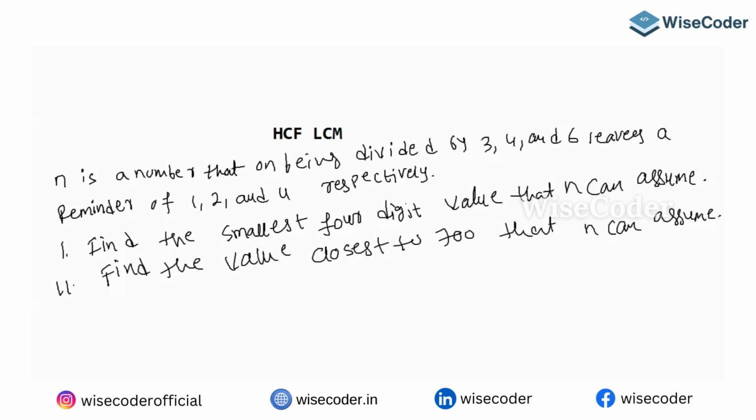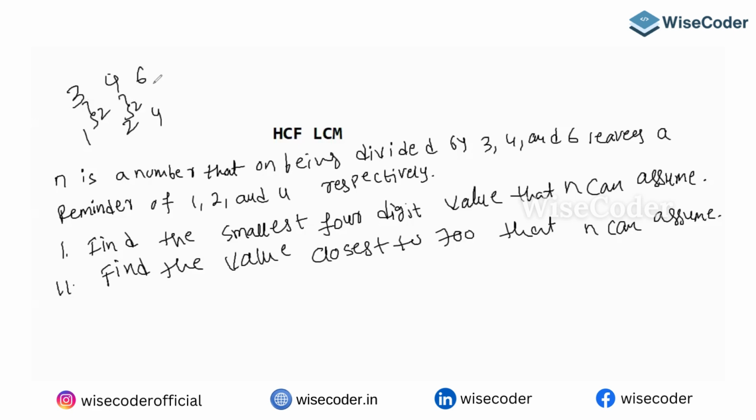So whenever, let's look here, 3, 4, 6, what are the remainders? For 3, the remainder is 1. If I am dividing the number by 4, the remainder is 2. For 6, the remainder is 4. What is the difference here? 2.